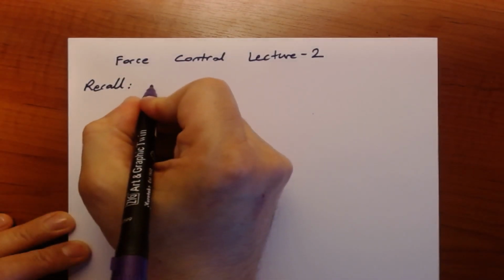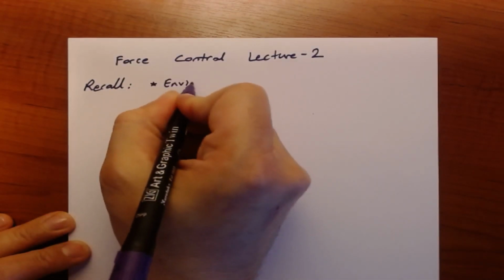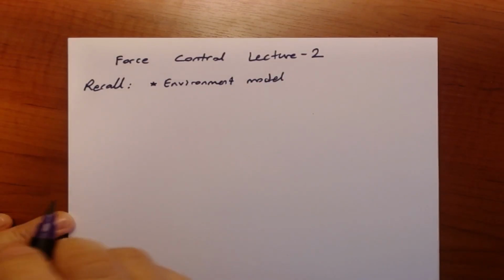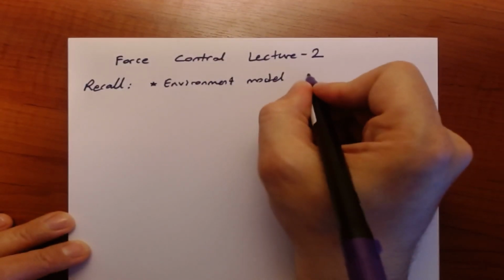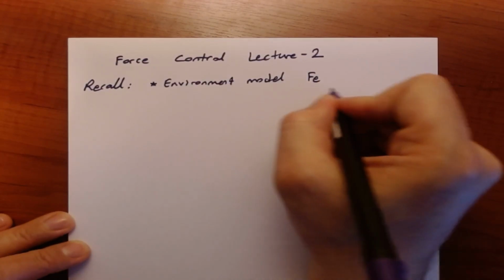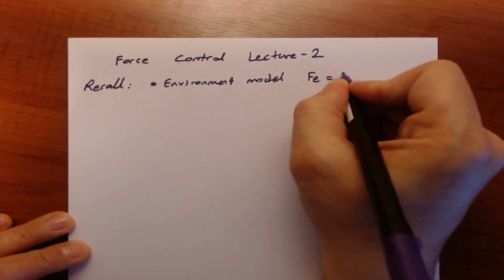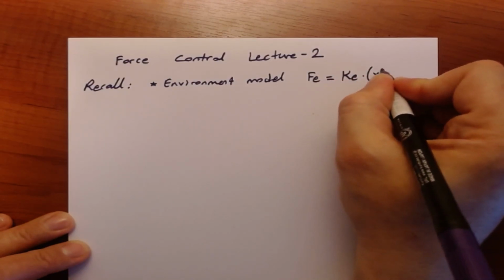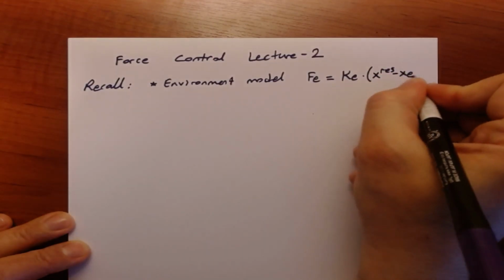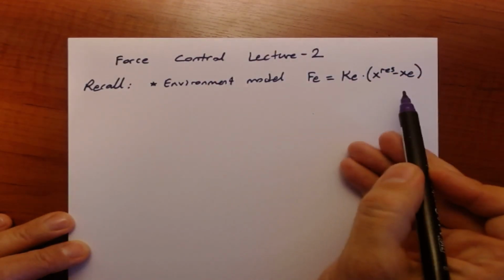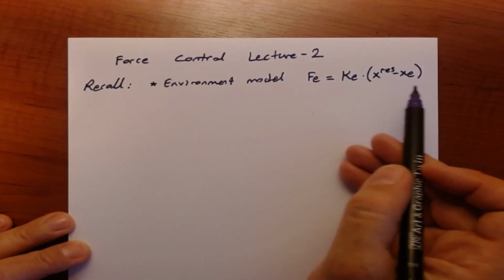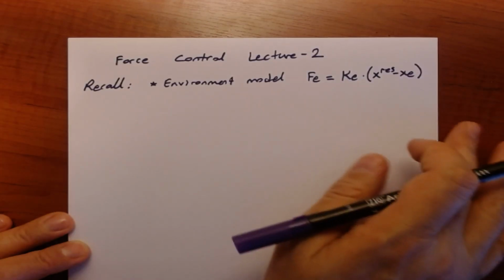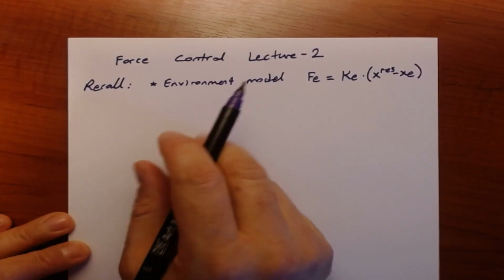We had the environment model, that's of course the environment's force model, don't forget, assumed to be the environment stiffness times x response minus x environment. This is nothing but the simple Hooke's law. That's the elongation on a spring times the spring constant gives you the force generated on the spring. Simply said, this is that equation.